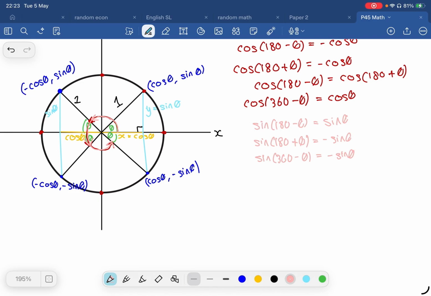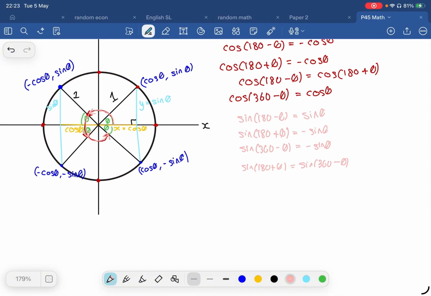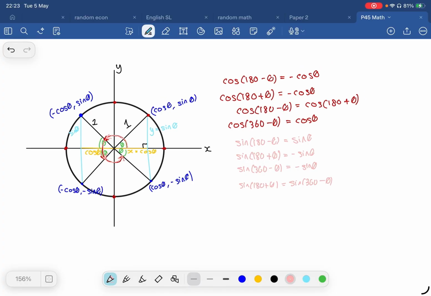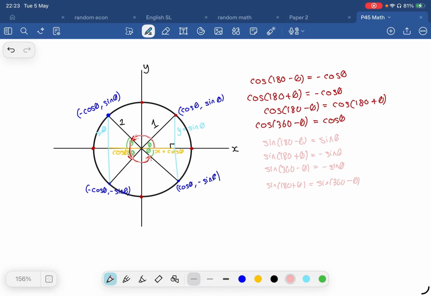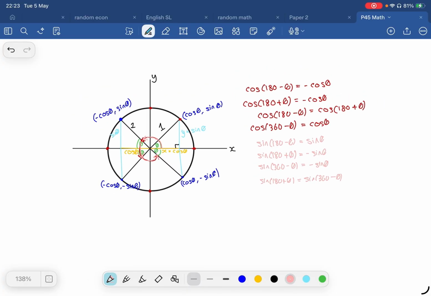So again, I can take sine of 180 plus theta equals sine of 360 minus theta. So there's 4 more rules you get from the unit circle. And what we're going to do next is learn how to apply these rules to solve questions.